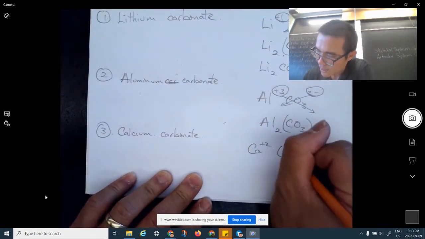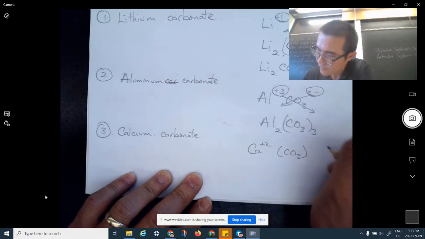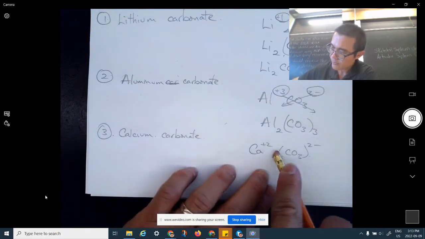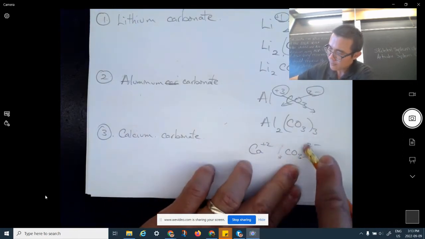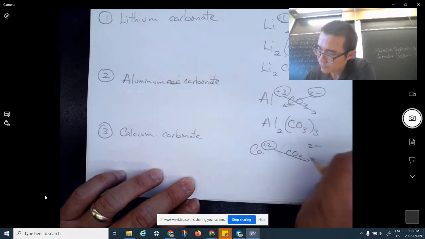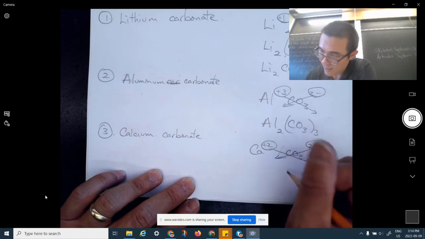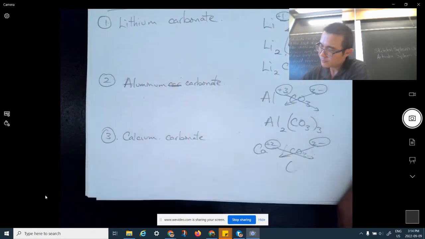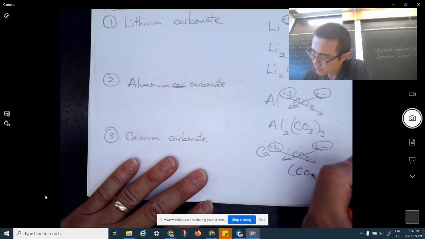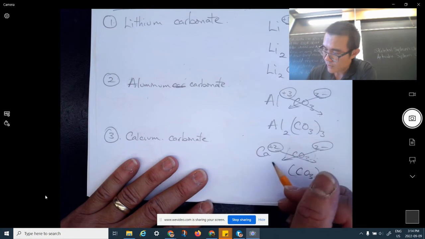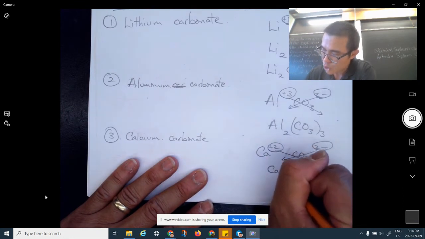Carbonate, we'll keep on using carbonate, is 2 minus. Again, crossover rule. The +2 you give to the entire CO3 group, and the 2 minus you give to the calcium, so Ca2.